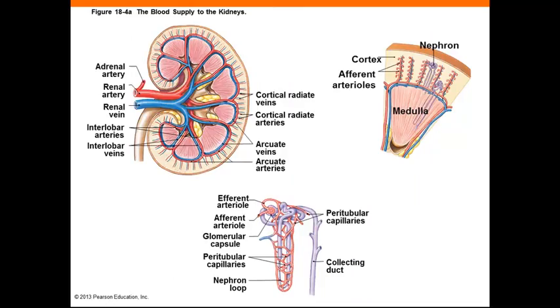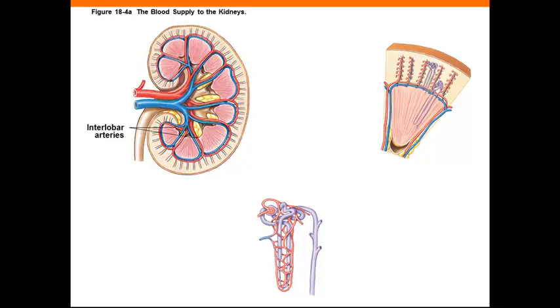So clearly the vasculature of the kidneys is imperative since they receive 20 to 25% of the cardiac output. Blood flow starts with the renal artery. And then enters the interlobular arteries, which then flow into the arcuate artery, which runs along the cortex-medulla boundary.